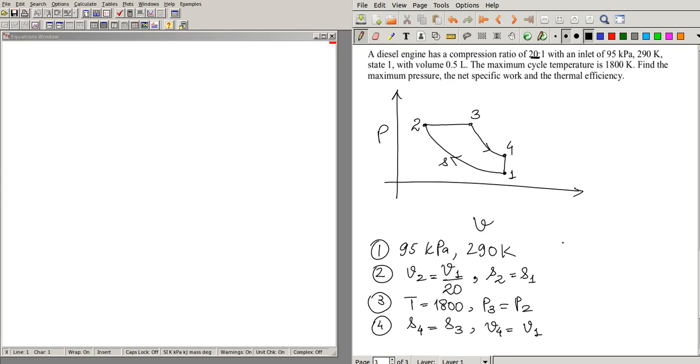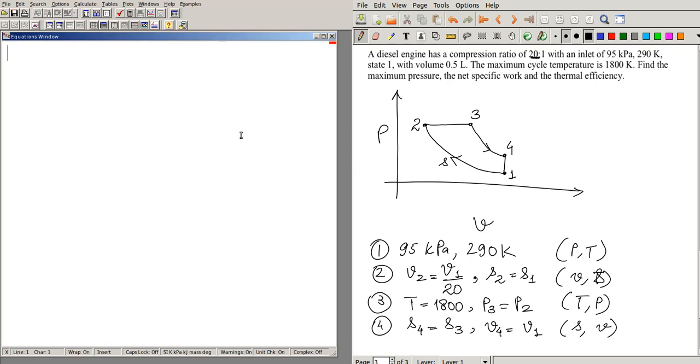So the first point is quantified in terms of the pressure and temperature, the second in terms of specific volume and entropy, third in terms of temperature and pressure, and the fourth in terms of entropy and specific volume. Let us proceed to the computer and see what we can get out of this.